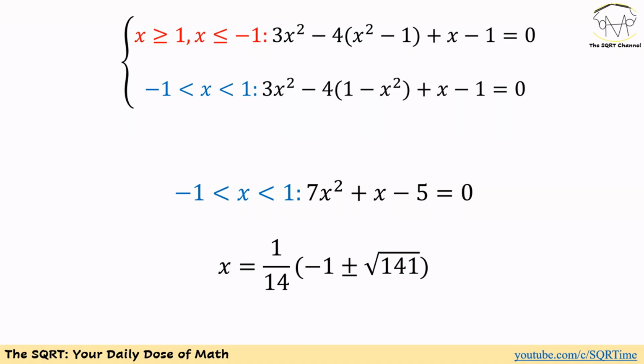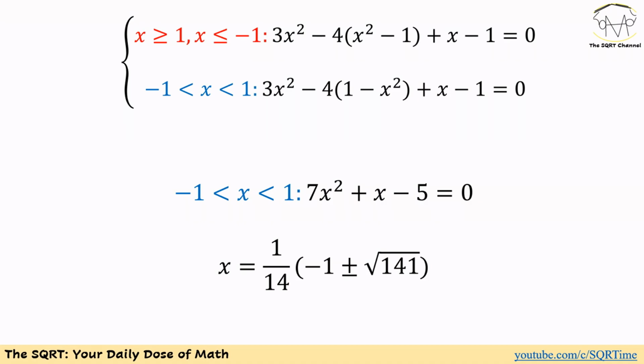Now let's move to the second case. In the second case, if we simplify the equation that you are seeing here, we will end up with 7x squared plus x minus 5 is equal to 0. And if we solve this quadratic equation, we will have 1 over 14 times negative 1 plus or minus the square root of 141.